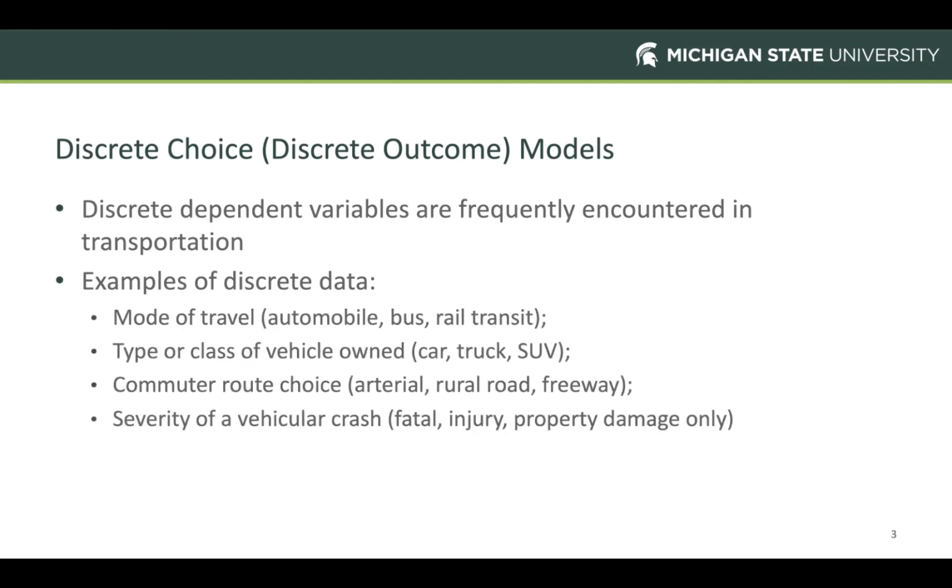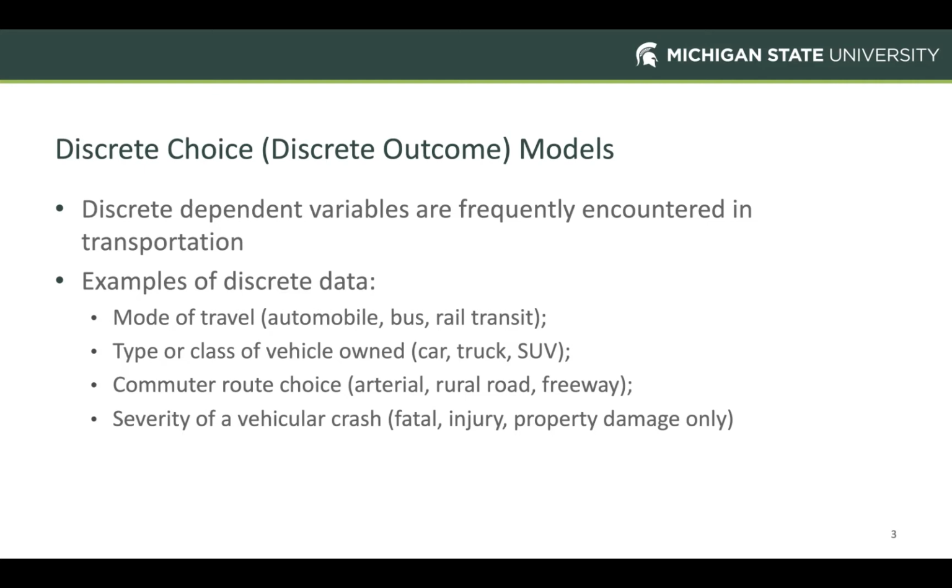There are a wide range of different scenarios in which we'd encounter this type of information in practice, looking at things like decisions as to what mode of travel an individual would choose during commuting purposes, for example, if they have auto, bus, transit options, decisions as to purchasing or leasing a vehicle of various types. On a daily basis, we have route choice decisions, at least during normal non-COVID times, trying to determine which route we take from a given origin to destination.